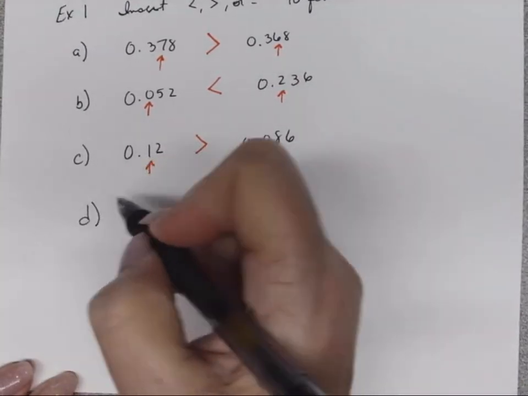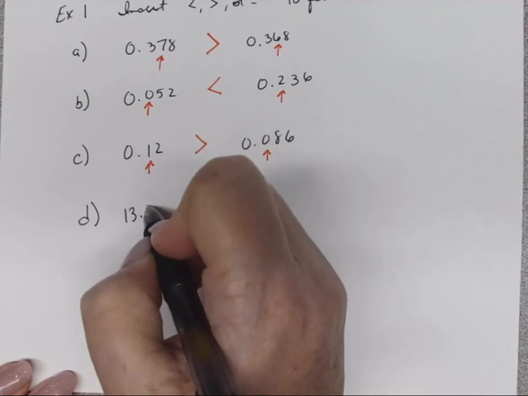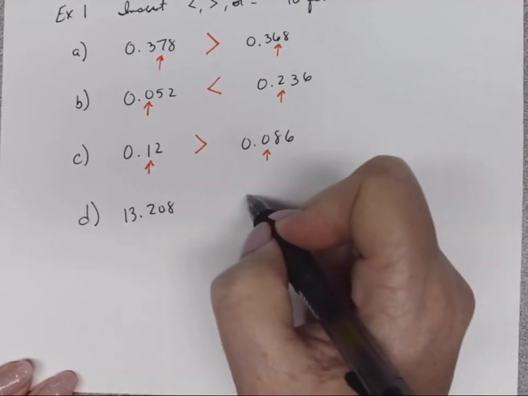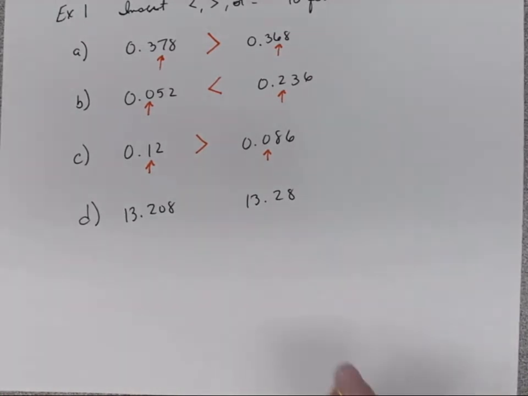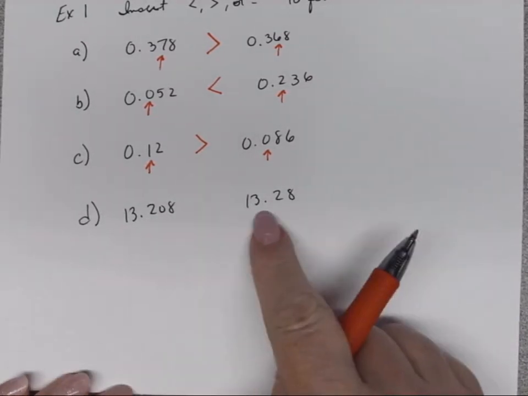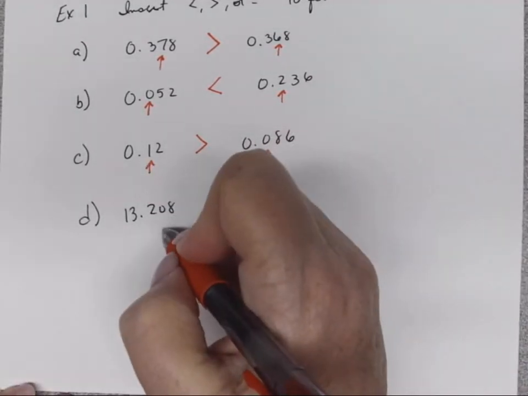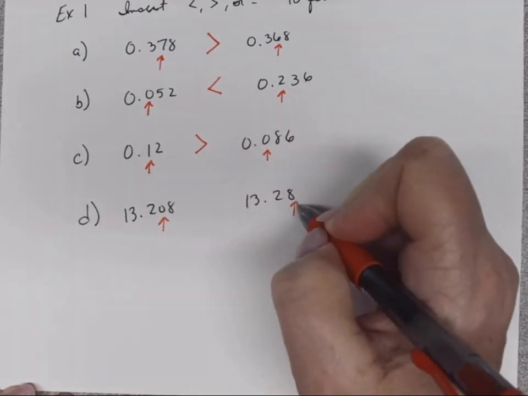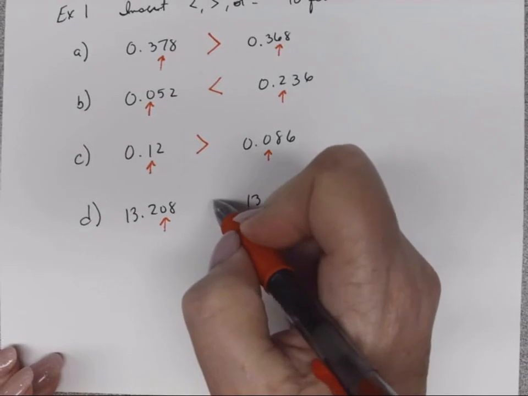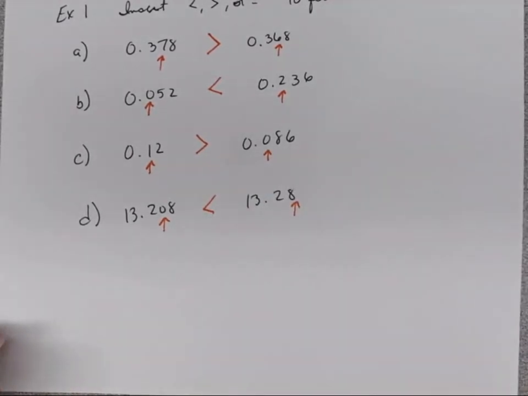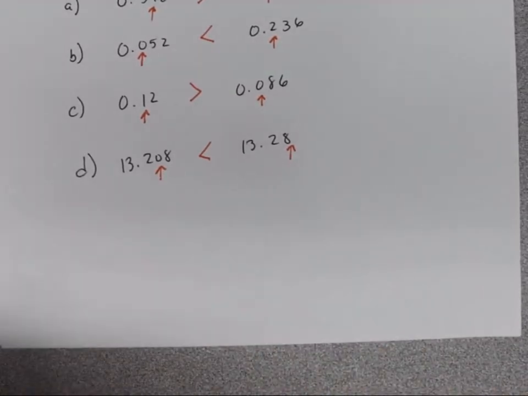All right, let's look at D. 13.208 and 13.28. Well, it's 13.2 and 13.2, but then we have a 0 and we have an 8 for the next digit. Well, 0 is less than 8, so that tells us that 13.208 is less than 13.28.